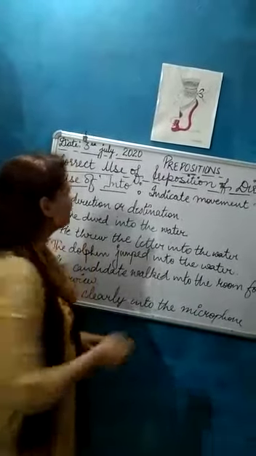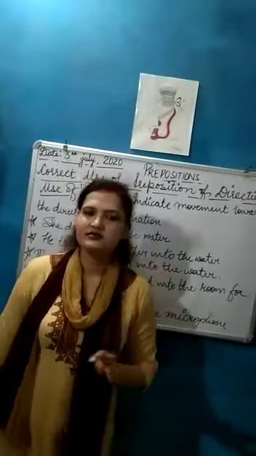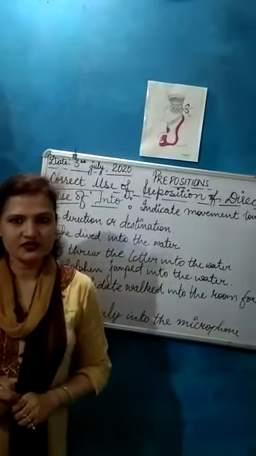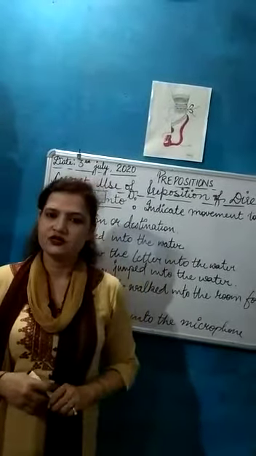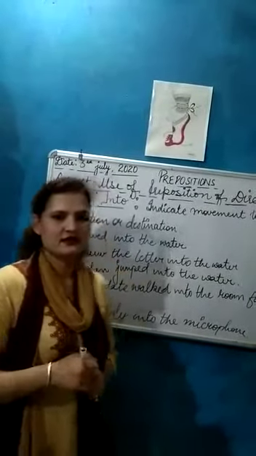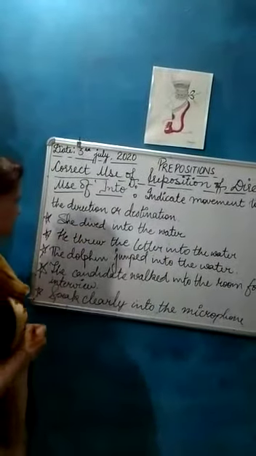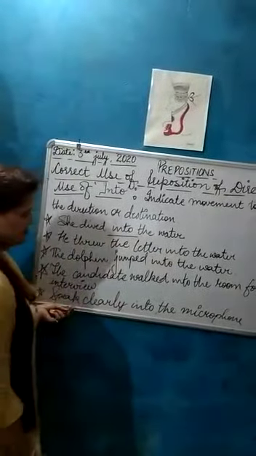Moving to the use of into. Into is used to indicate the movement towards the direction or destination. It also indicates a position in or inside. Look at these examples. She dived into the water.